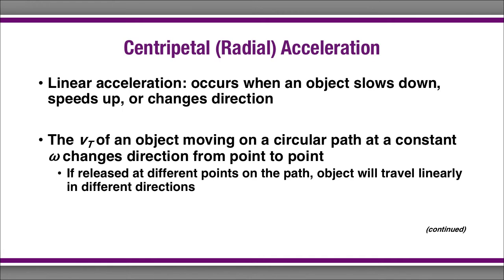If it is released at different points on the path, the object will travel linearly in different directions. So if I draw my circular path, well, that was bad, my circular path here, if the object was rotating in a clockwise direction and it was released here, it would go in this direction. But if it was released on the other side of the circle, it would go in a very different direction.